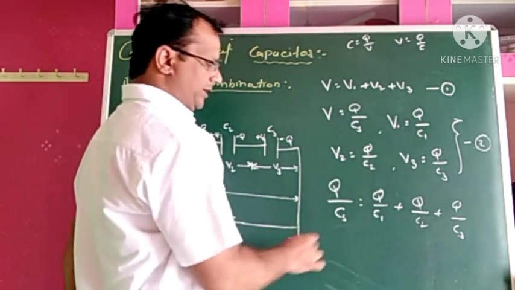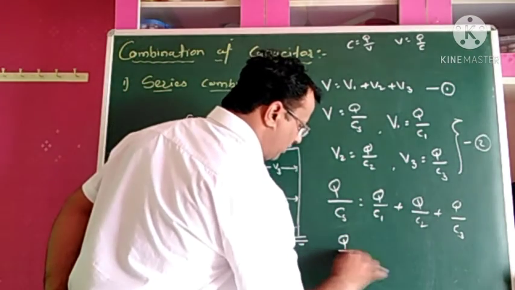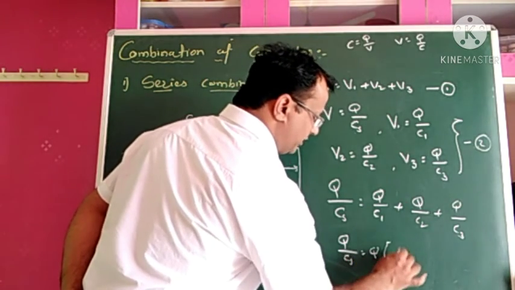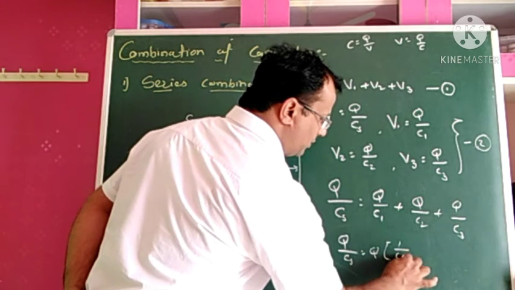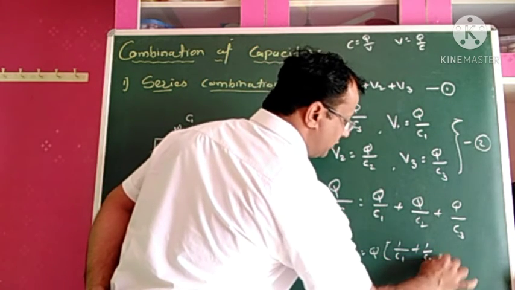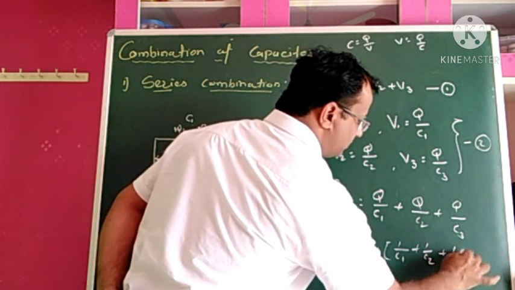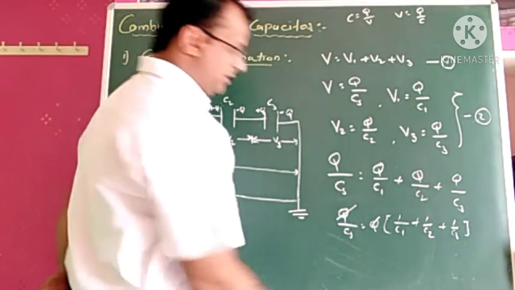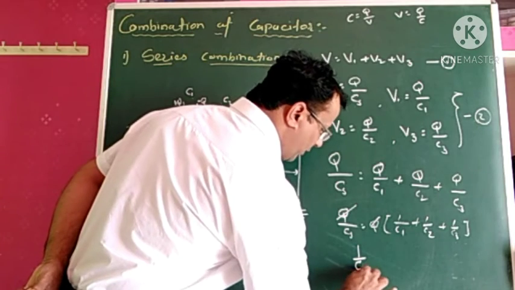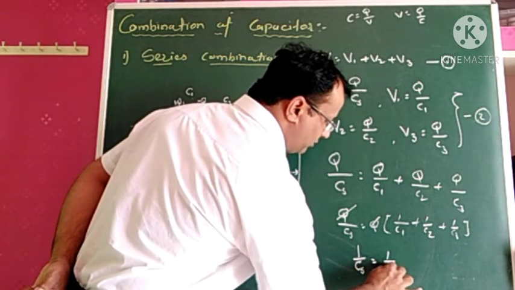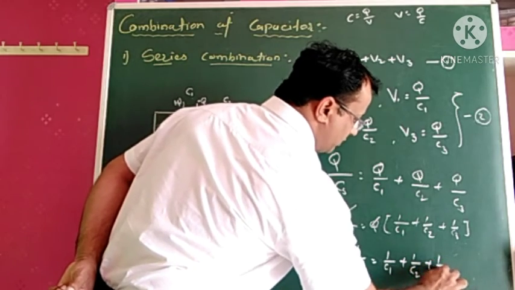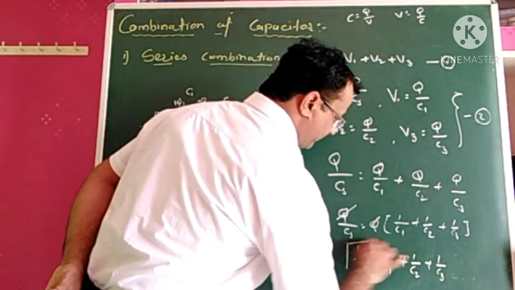On both sides we have Q upon Cs, and Q is common, so take it outside: inside the bracket, 1 upon C1 plus 1 upon C2 plus 1 upon C3. The charge gets cancelled. So 1 upon Cs equals 1 upon C1 plus 1 upon C2 plus 1 upon C3.